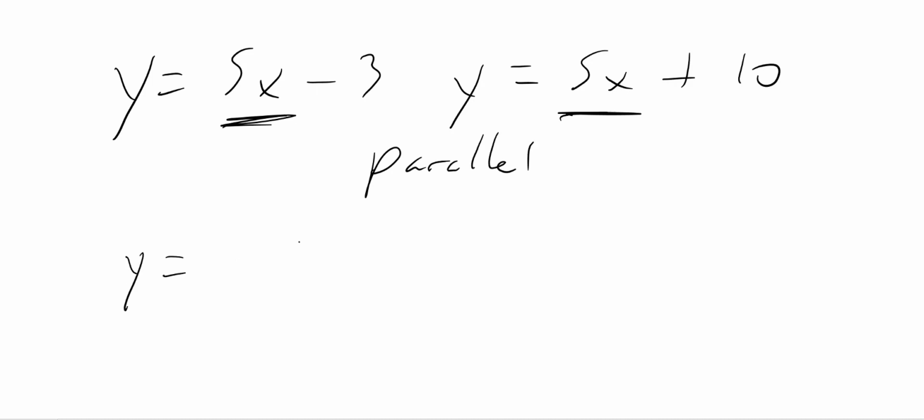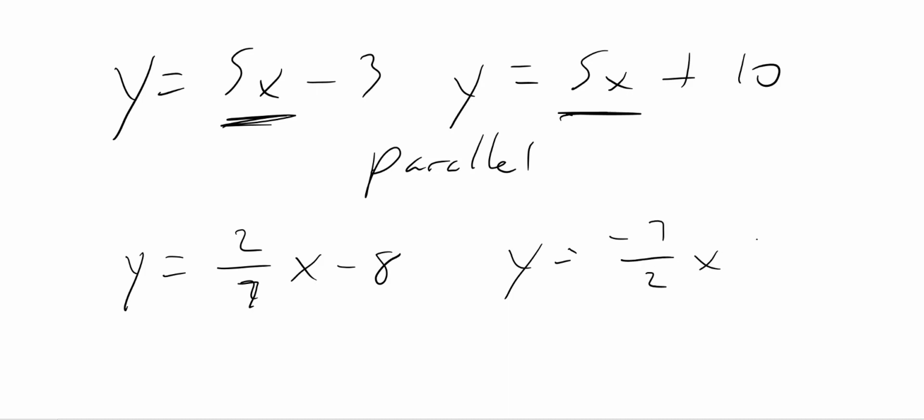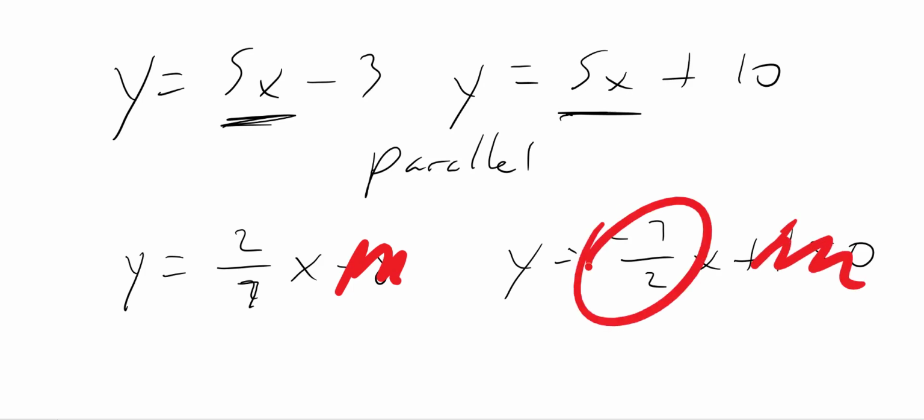And then of course if I have y is equal to 2/7 x minus 8 and y is equal to negative 7/2 x plus 180, the 180, again, this stuff doesn't matter. I only am concerned with the slope. So here it is, 2/7, the reciprocal, 7/2. This one's negative, so that means these guys are perpendicular.